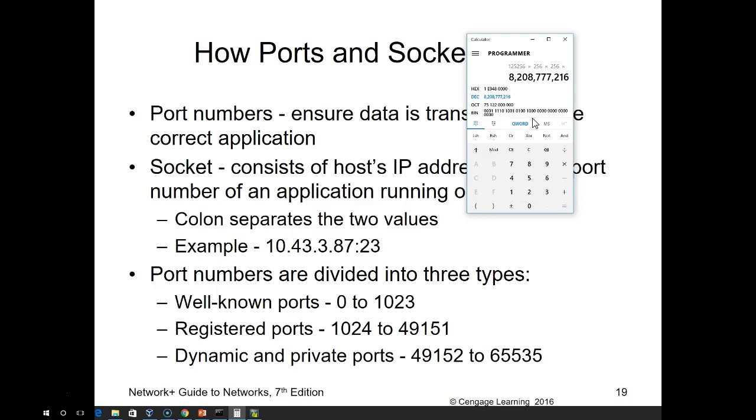Oop, I have a bigger number in there I didn't want. So that is the biggest number of web addresses you could have. The biggest number. So roughly 4 billion.